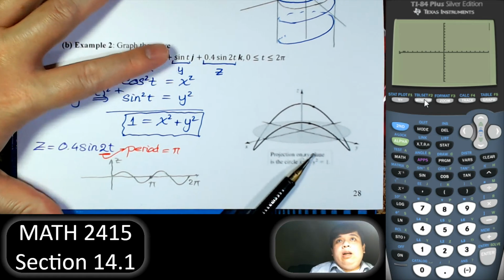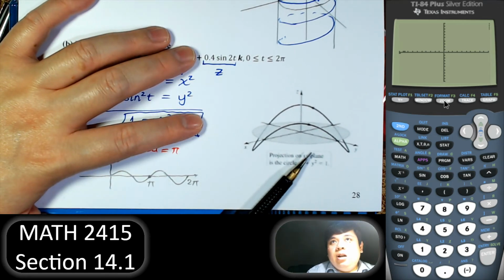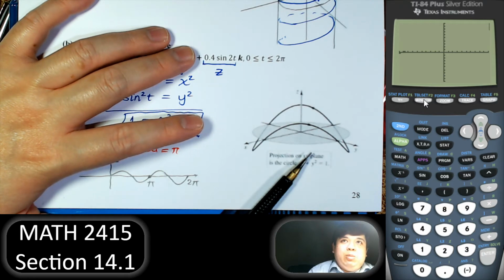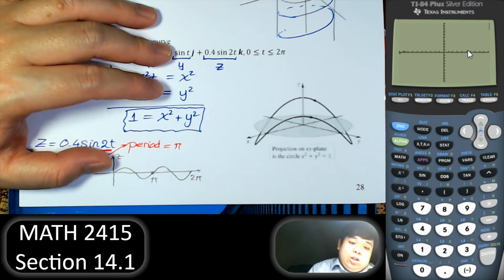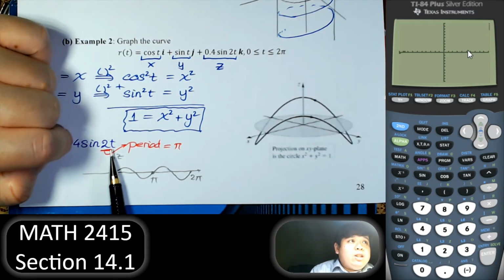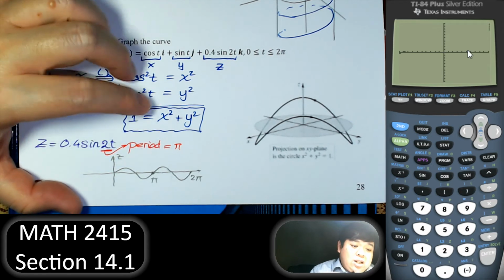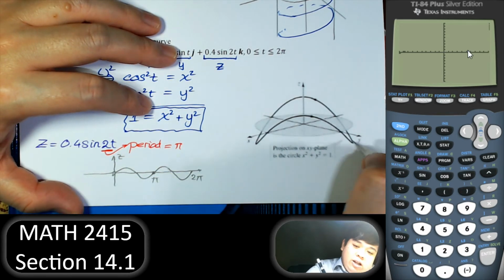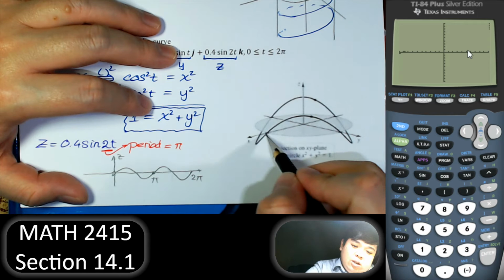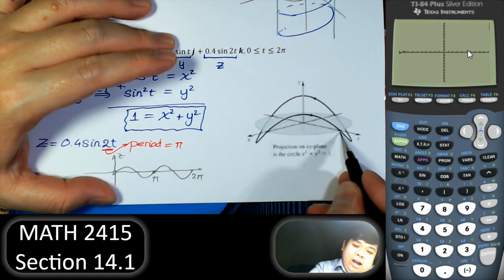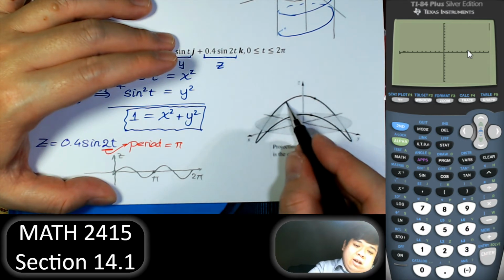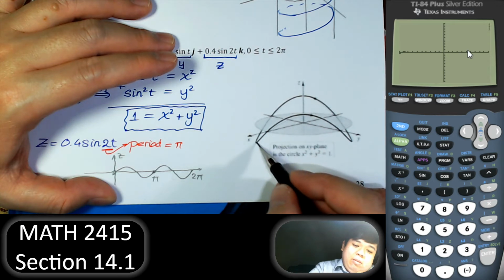When t equals 0 we have 0, so we start from here and go up and down and then back to 0, and then up and down and then back to 0.